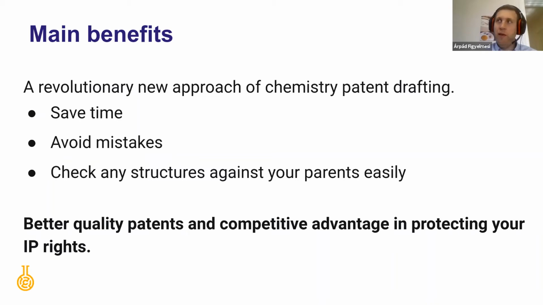For example, if it's a litigation process later or anything else, when the question can be the coverage of a Markush claim with this tool, and if you have your Markush claim in the form of this structural representation, you can check in seconds any structure against your Markush, regardless of whether it's a competitor's structure that you want to prove your patent covers, or a prior art compound during the litigation process.